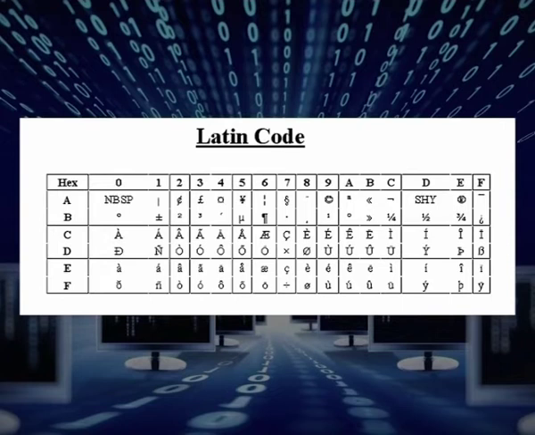It has 191 printable characters from the Latin script, which covers languages like English, German, Italian, Portuguese and Spanish. Latin 1 is backward compatible with the 7-bit US ASCII code, that is, the first 128 characters in Latin 1, that is code numbers 0 to 127, is the same as US ASCII. Code numbers 128 to 159 are not assigned. Code numbers 160 to 255 are as shown.